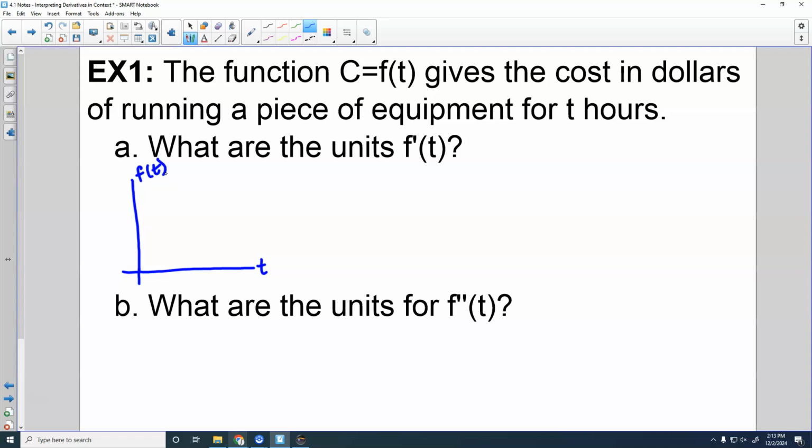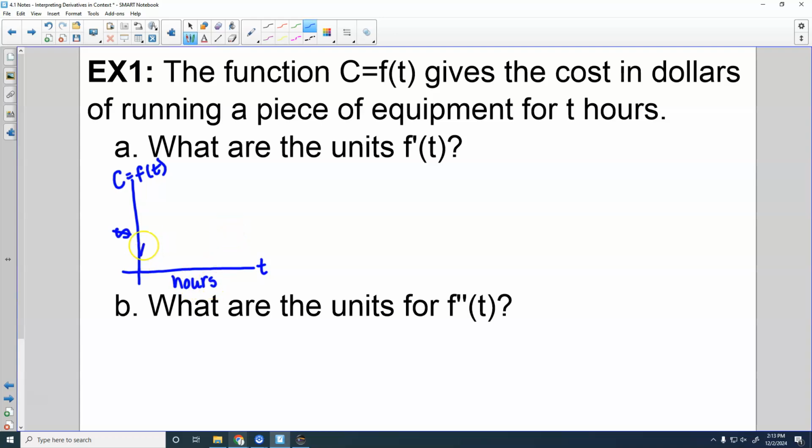Okay, f of t also can be called capital C. Okay, what is that cost, or the f of t, measured in? It is in dollars. And what is the t measured in? Hours.